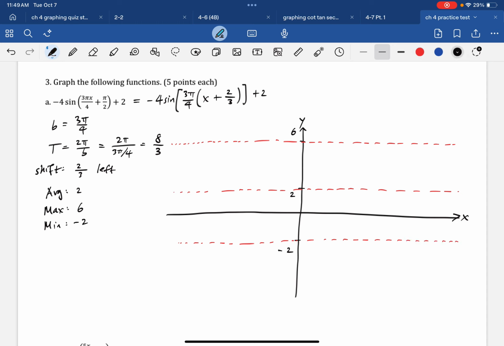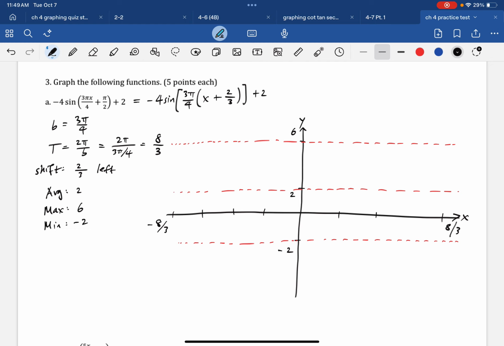Next, I'm going to draw one period on both sides of the y-axis. So on the right side, I'm going to go out to 8/3. That's one whole period. And then on the left side, I'm going to go out to -8/3. Then I am going to construct the quarter period tick marks.